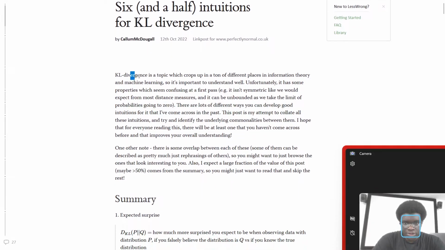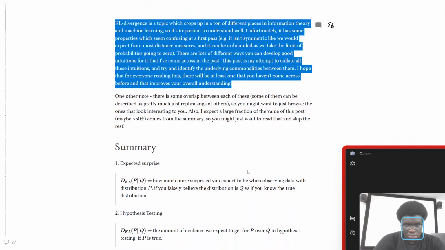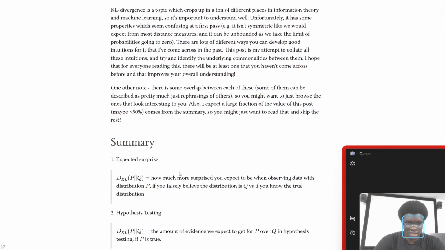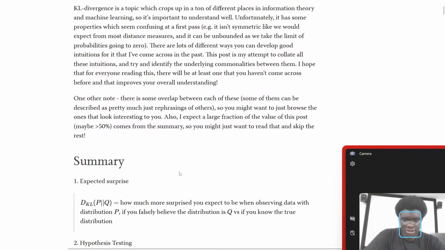Okay, KL divergence is a topic which crops up in it. It says maybe just read the summary. If I read the summary and I think it makes sense, I will move on. So, one, expected surprise.